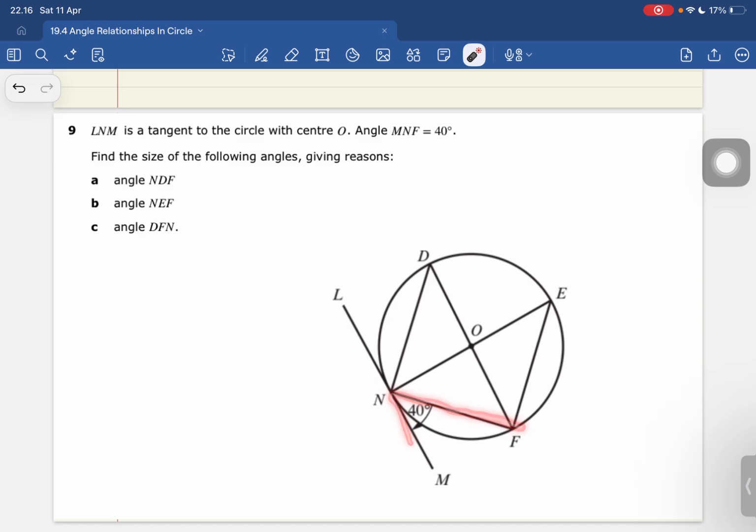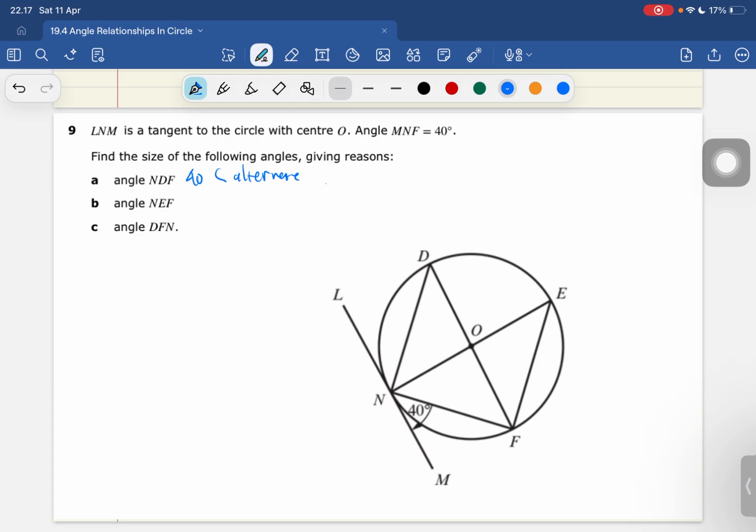So here this angle and DF, here this angle 40, and yeah, here is the alternate angle. So we can write it. Here is 40. The reason is alternate segment theorem.